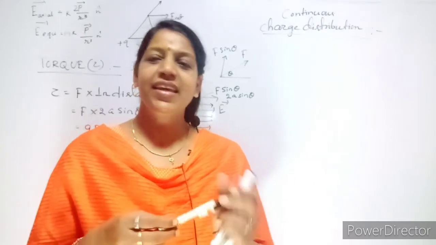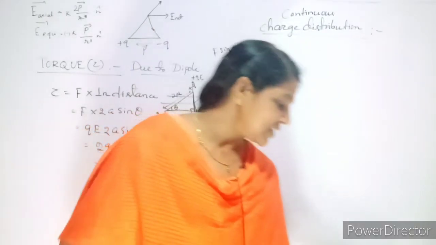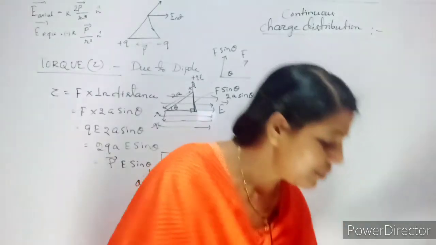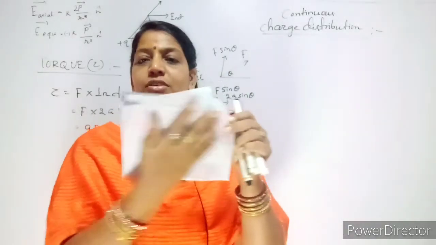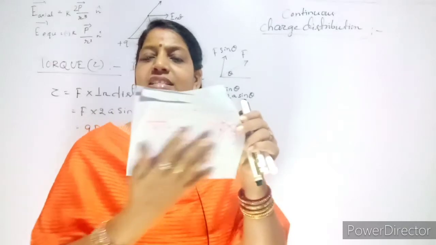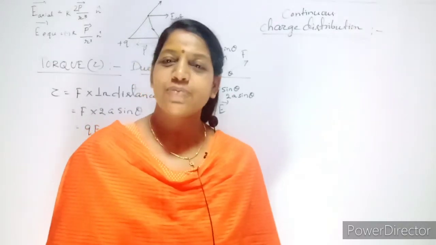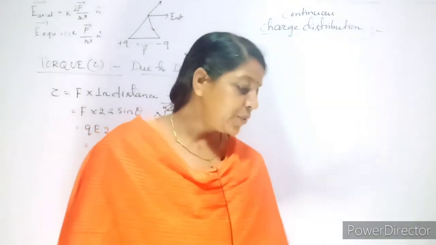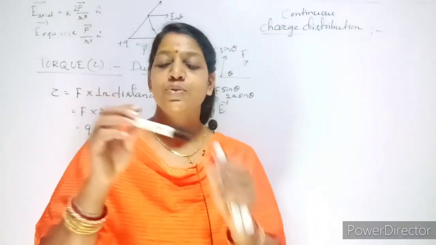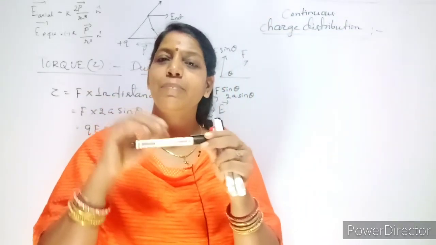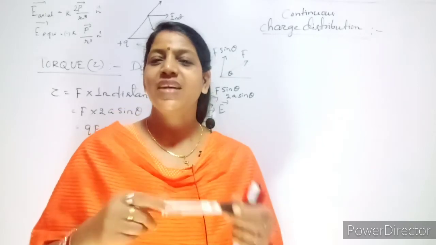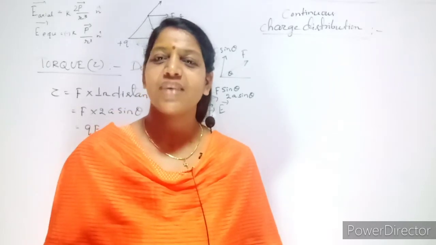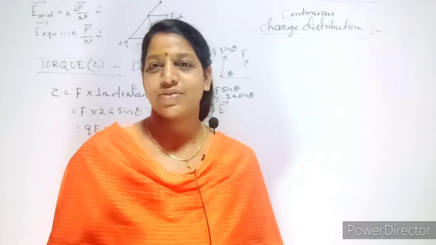If you take a flat surface like this, and the charges are distributed on this surface, it is called surface charge distribution. If you take an object like this, which has length, breadth, width, everything, a solid, that charge distribution is called volume charge distribution.